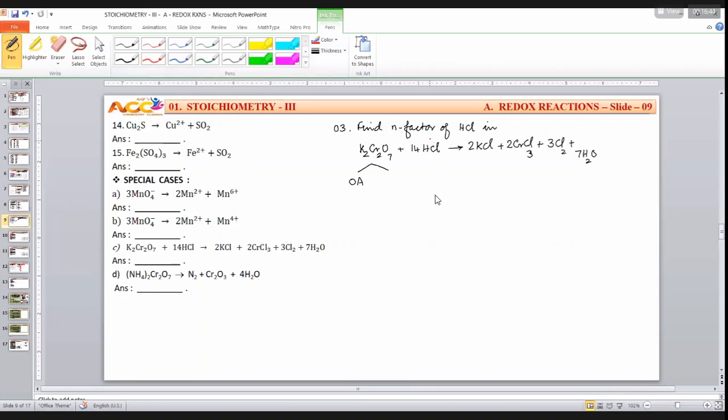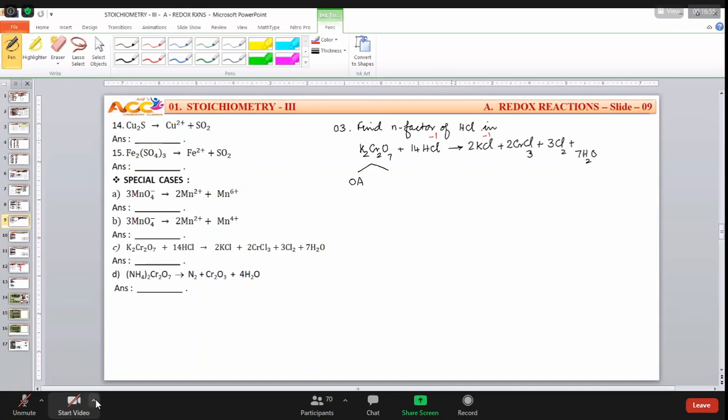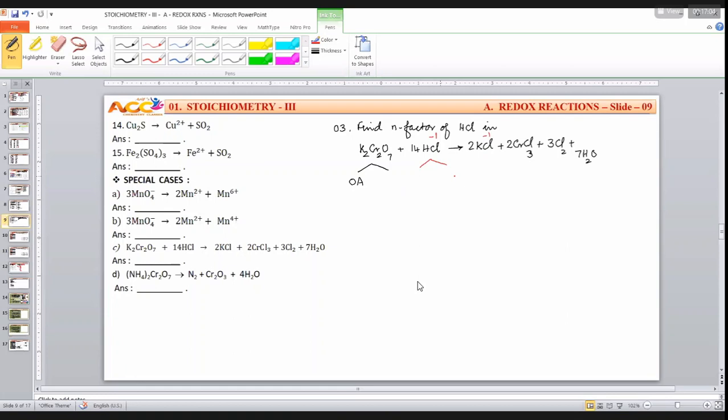How to check? Chlorine is in -1 oxidation state. No change in oxidation state means it is a non-redox reaction. If it is a non-redox reaction, then HCl is an acid. If it is an acid, then you have to accept that K2Cr2O7 is behaving as a basic salt.